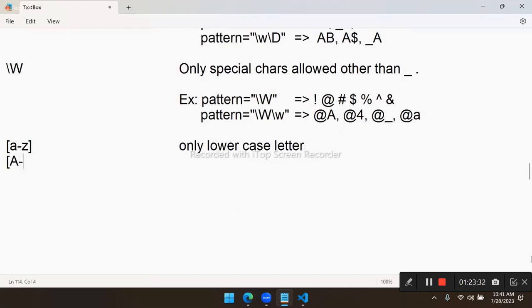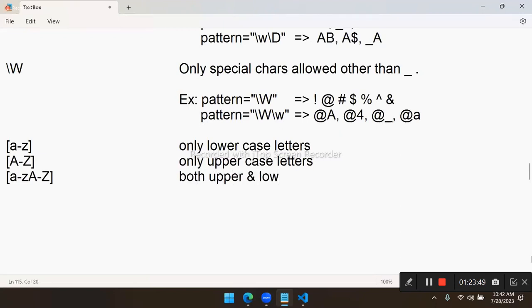If I write A-Z in capitals, this indicates only uppercase letters, right? If I write a-zA-Z, this indicates both upper and lowercase. You say 0-9, this indicates only numbers, so only numeric.